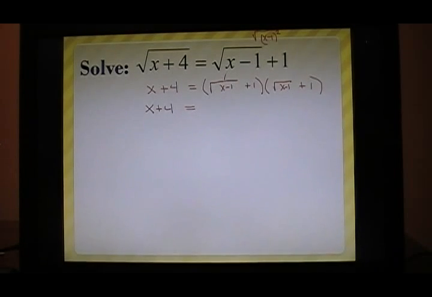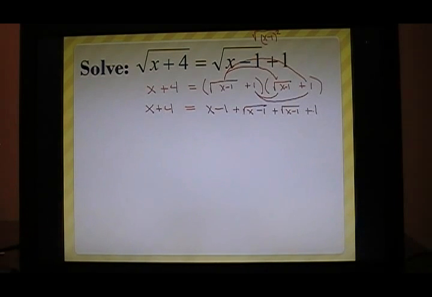So the square root of x minus 1 times the square root of x minus 1 is simply x minus 1. Square root of x minus 1 times 1, we've got plus the square root of x minus 1. 1 times the square root of x minus 1 is plus the square root of x minus 1, and 1 times 1 is plus 1.